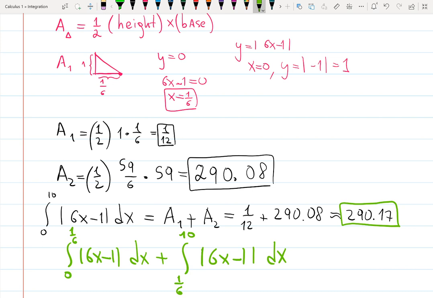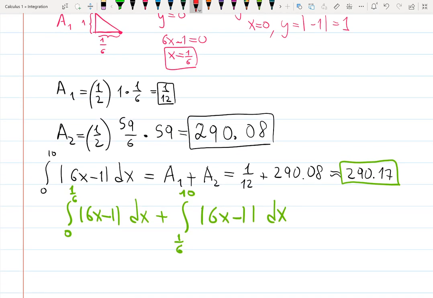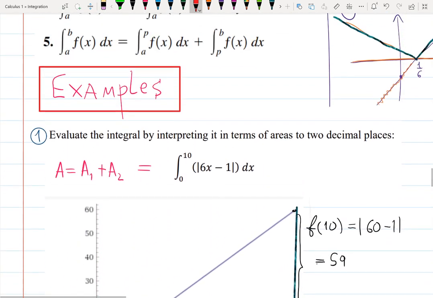And that's the property which allows us to break the big interval into smaller intervals using these points I circled right now as a connector. From 0 to connector, then plus connector to 10. That gives me integral from 0 to 10 of 6x minus 1 dx. That's the property from the list over here.